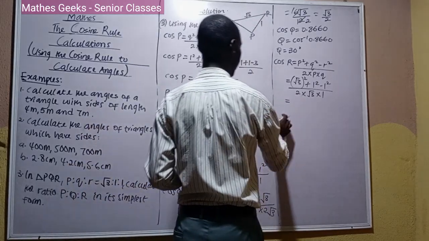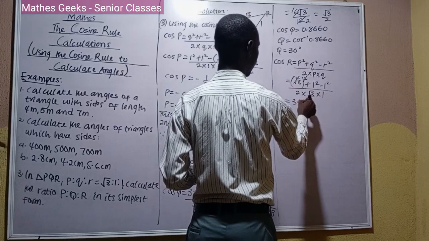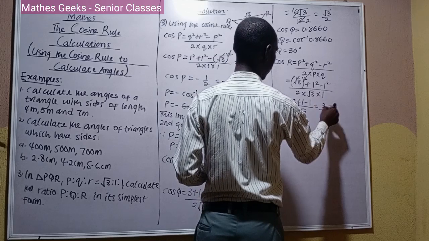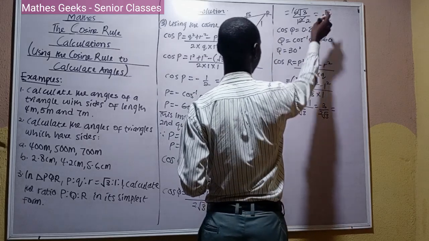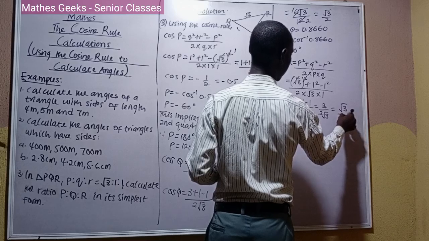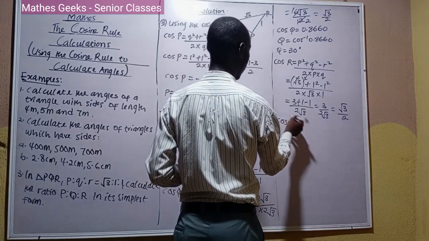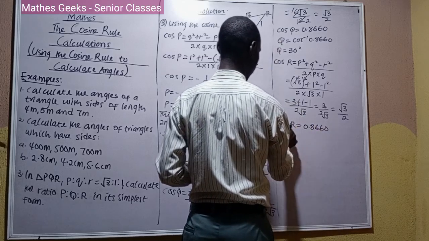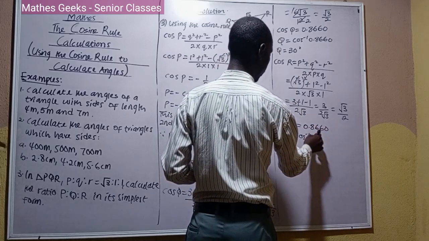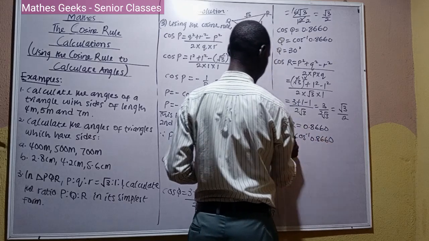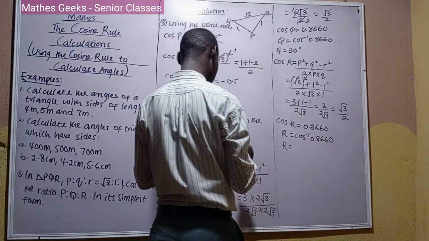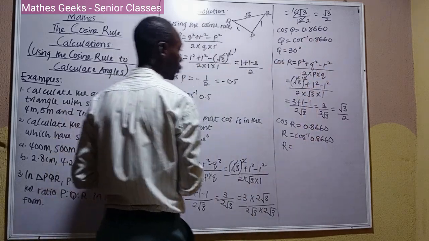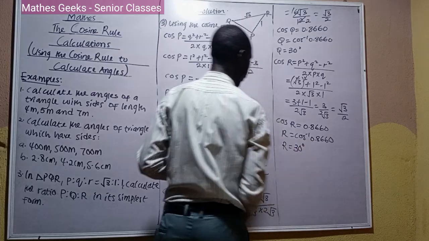So it will give us 3 plus 1 minus 1 over 2 root 3, which is 3 over 2 root 3, which is equal to root 3 over 2. So cos R is equal to 0.8660, and R is equal to arc cos 0.8660. Of course, we already know the value from this one, so R is also 30 degrees.